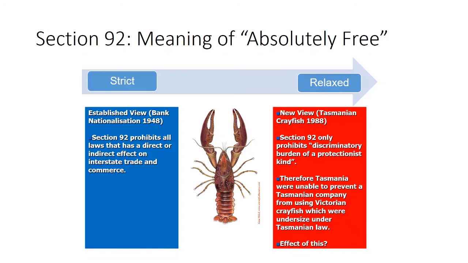They said it only prohibits laws that have a protectionist burden on interstate trade. So that meant, of course, even though the Commonwealth government wasn't even involved in this case, and yet they were the main beneficiary of the result, because the relaxation of Section 92 meant the Commonwealth government could start making laws that would affect interstate trade and commerce, as long as they weren't protectionist in their intent.